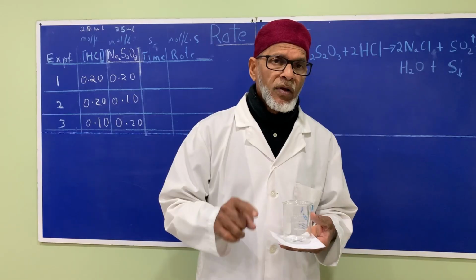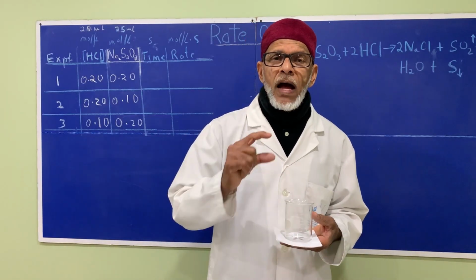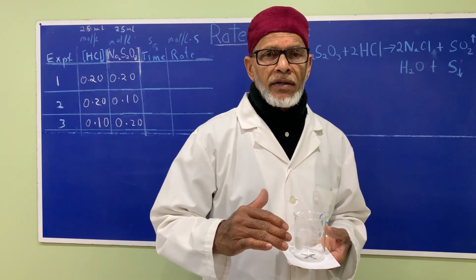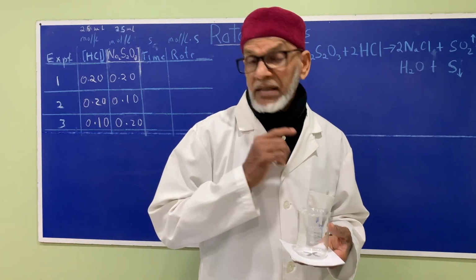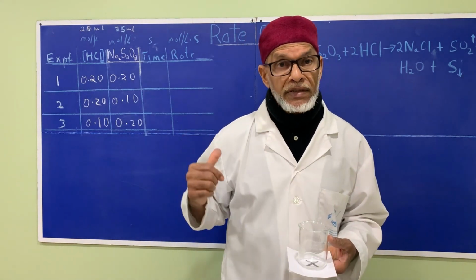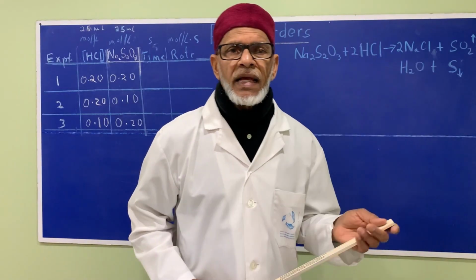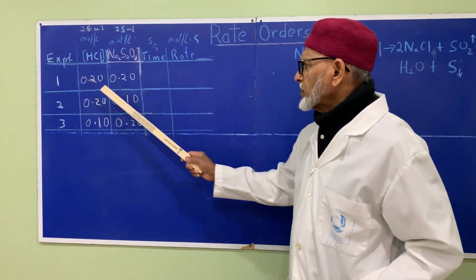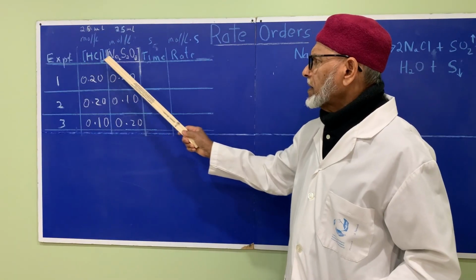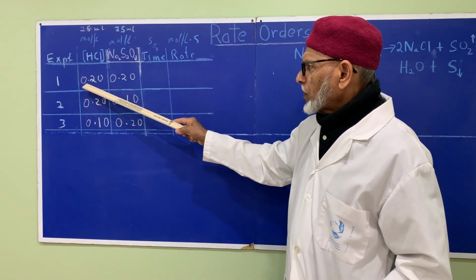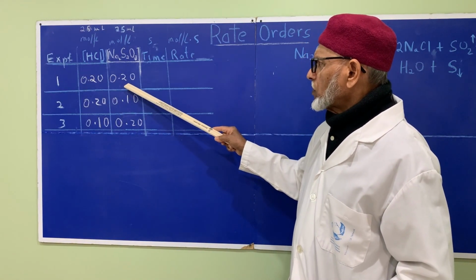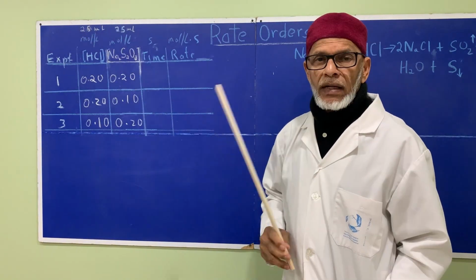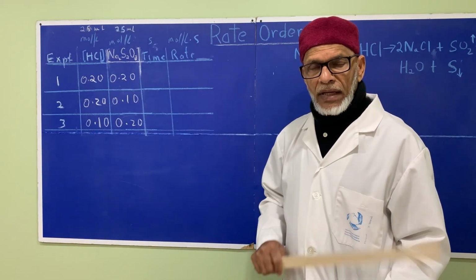At that time, we stop the stop clock and look at the time from the beginning of the reaction to the end when the X disappears, and we record that time. We start that experiment by using these concentrations of hydrochloric acid and sodium thiosulphate, 0.2 mole per liter, 0.2 mole per liter, and we take 25 milliliters of each and pour them into the beaker.